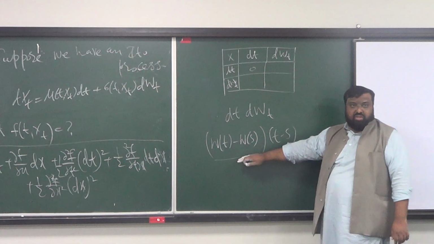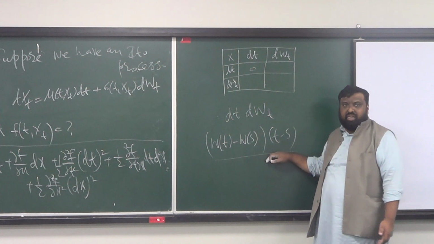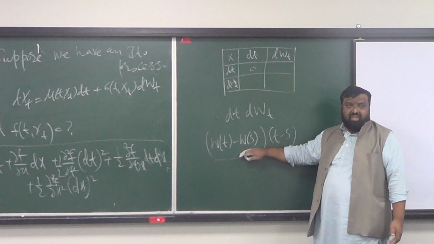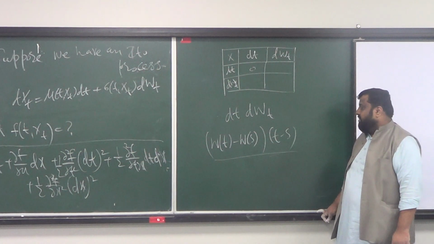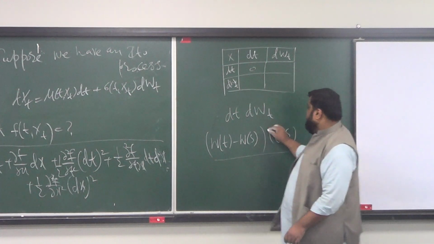The mean is going to be 0 for sure. What would be the variance? It's normally distributed, and the variance is going to be t minus s.